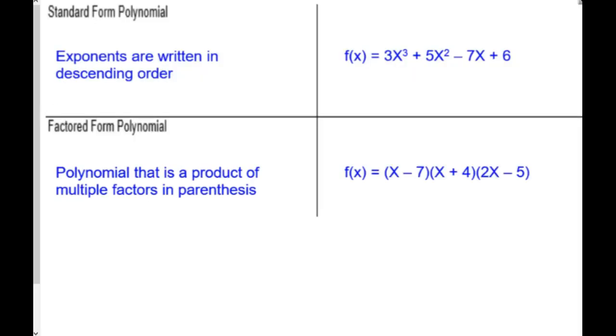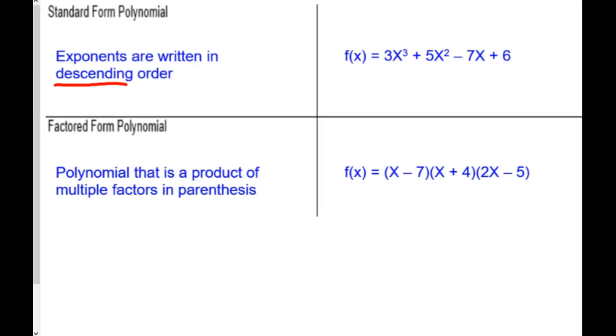Next one is these two. So you need to know what standard form is. Standard form is in what order? It's in descending order. What does descending mean? Going down. So you start with the highest power, you go to the lowest power, right? From the highest to the lowest. So if it's not in order, you got to put it in order.